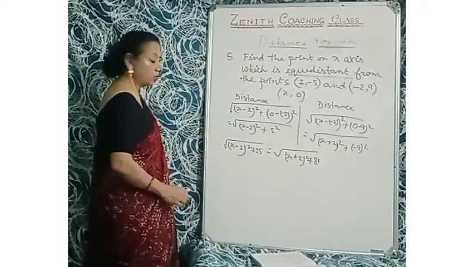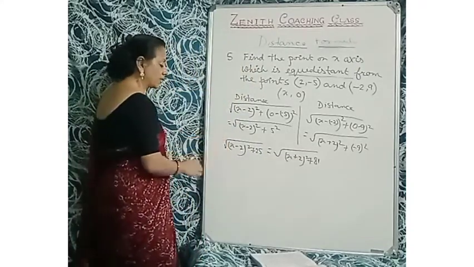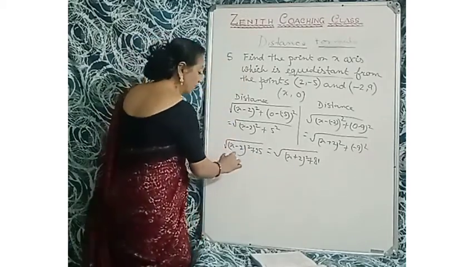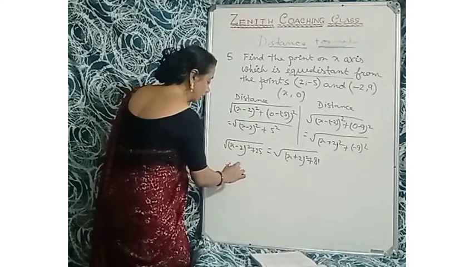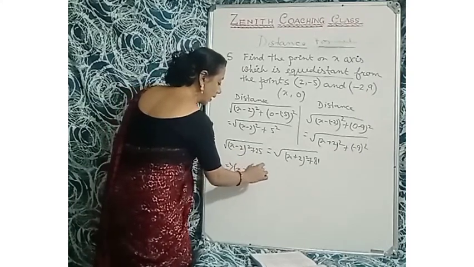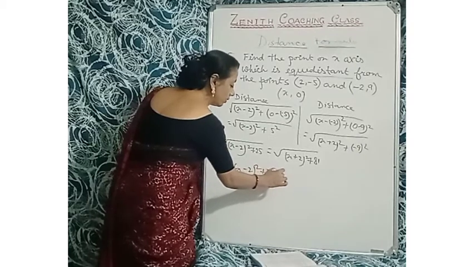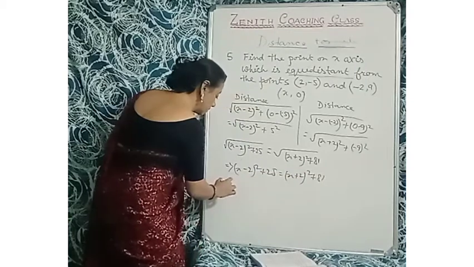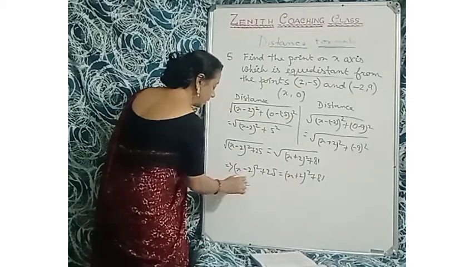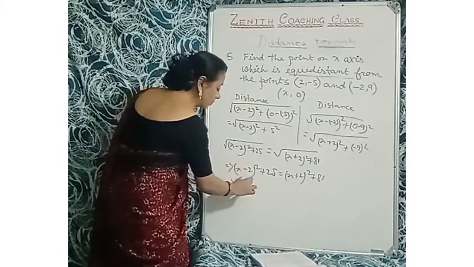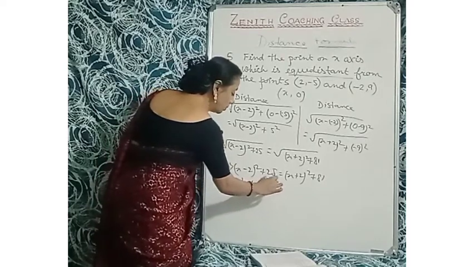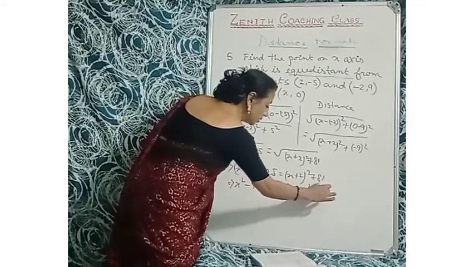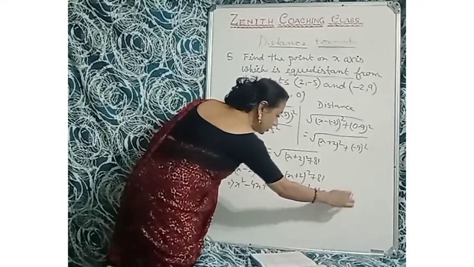By squaring both sides, to omit the square root sign, we get (x - 2)² + 25 = (x + 2)² + 81. So x² - 4x + 4 + 25 = x² + 4x + 4 + 81.